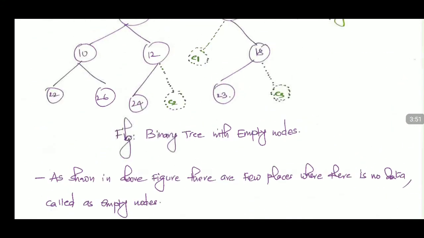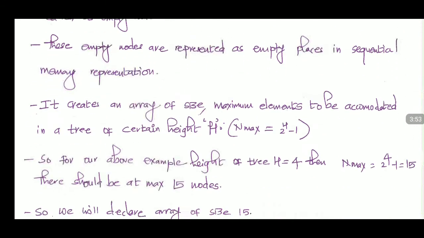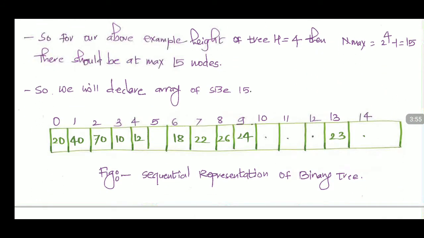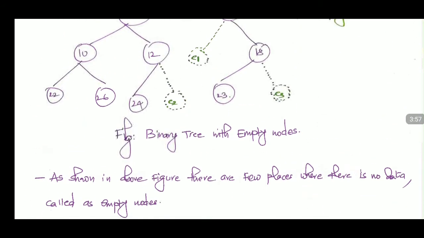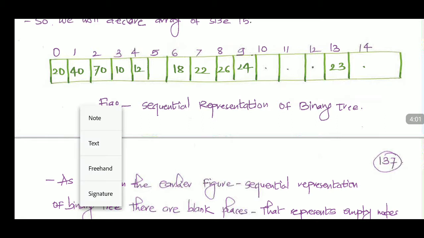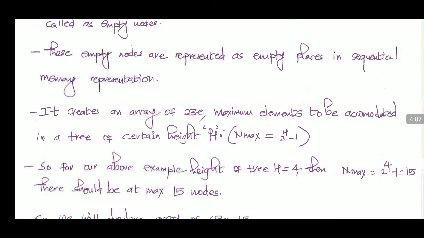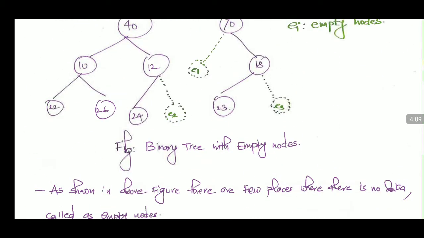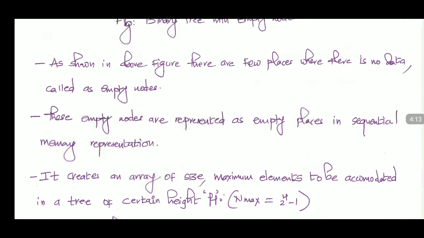Initially there is 20, so directly we put it at 0. Then there is 40, the left subtree rooted at 40, so the next value is 40. Then the right subtree rooted at 70, so the next value is 70. Then we go to the left of 40, there is 10, so we accommodated that 10.